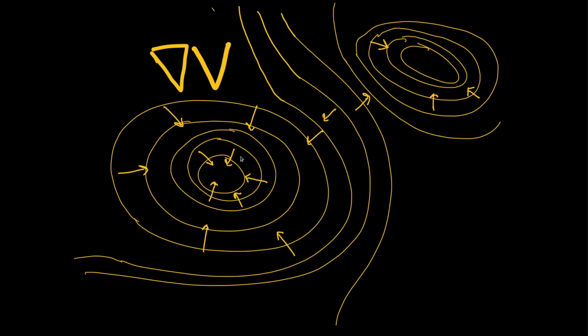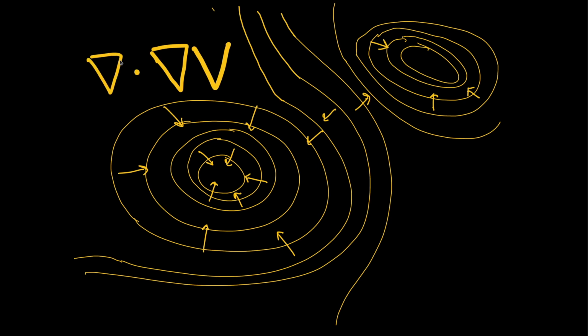The arrow is always pointing towards where the height is increasing. I've drawn a couple of examples, but you should remember that there's an arrow at every single point. That's what the gradient of V means. It's just an arrow pointing towards the direction in which V increases the most.